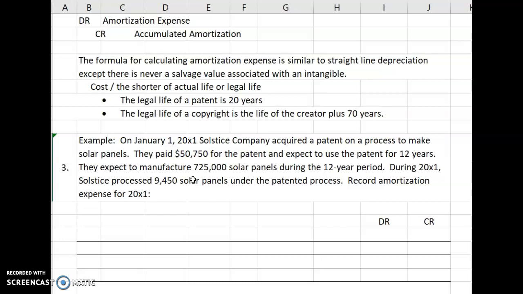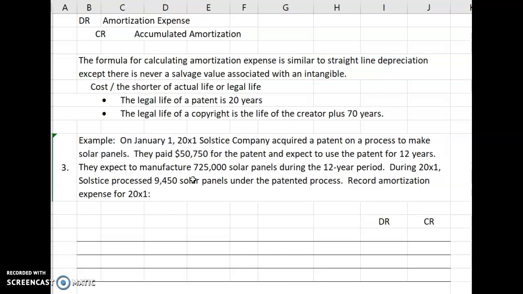In this example, on January 1st, 20X1, Solstice Company acquired a patent on a process to make solar panels. They paid $50,750 for the patent and expect to use the patent for 12 years. They expect the patent to be good for the manufacture of 725,000 solar panels during the 12-year period.